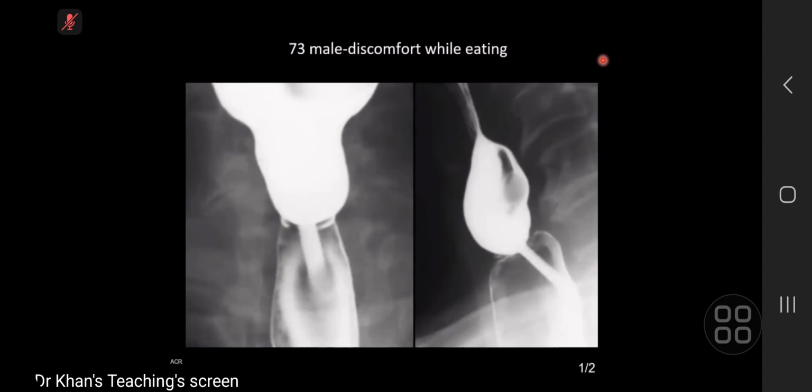This is a contrast swallow. I can see the cervical spine, so I'm assuming it's the hypopharynx. It's a Condon view. So there appears to be a caliber change within the hypopharynx.